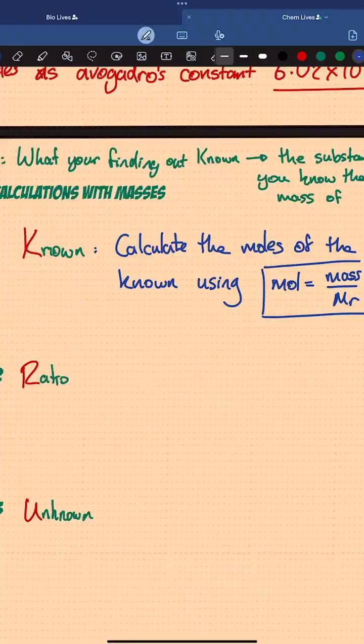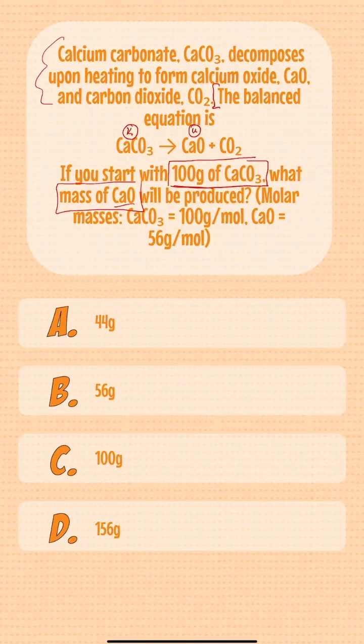Let's do that first step first. So known, we've got 100 grams CaCO3. We want to do moles is equal to mass over MR. Mass is 100 grams. We want to divide that by the MR. So the MR is 100. That's given to us here as well. That gives us 1 mole. That's our first stage done.